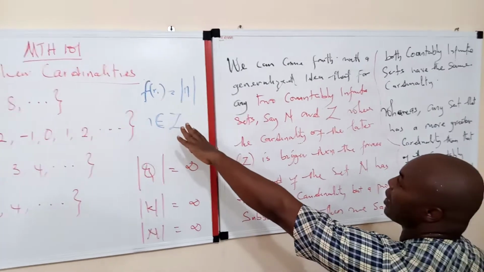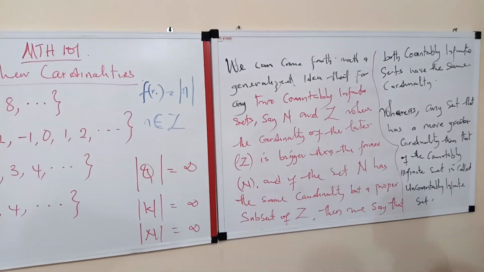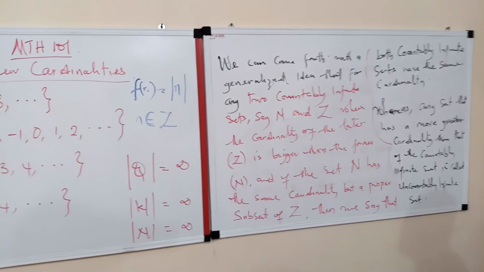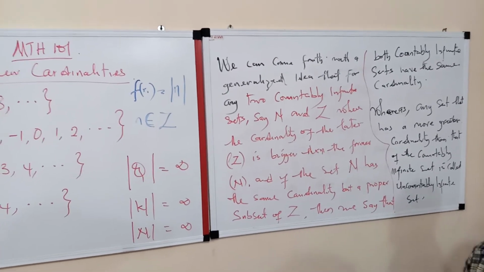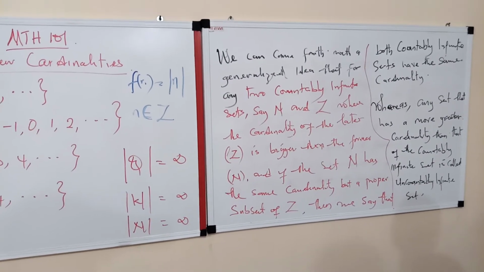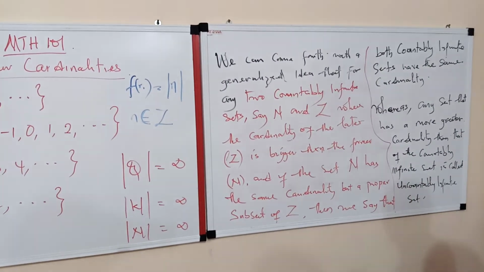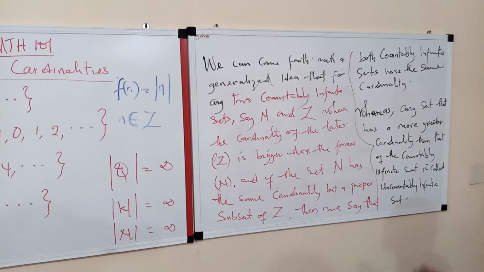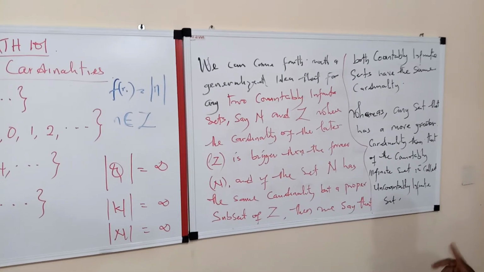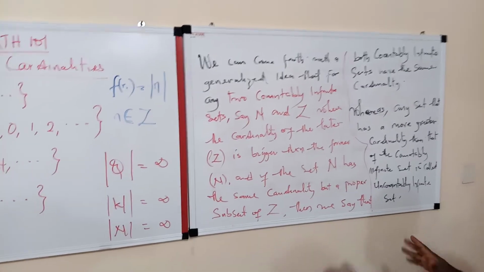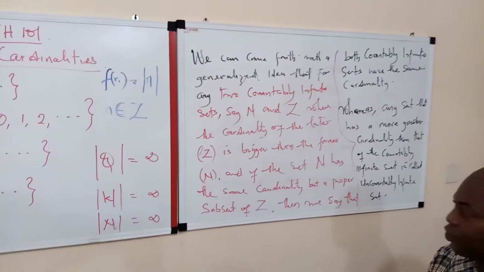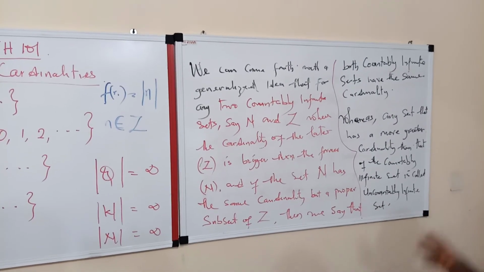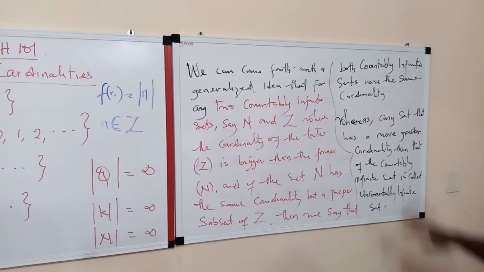Like in this case, the output values, the range values, are a proper subset of the other set. But then they still have the same cardinalities, irrespective of the fact that it's a proper subset. And in it, we saw that there exists a bijection. So we are saying that they have the same cardinalities.